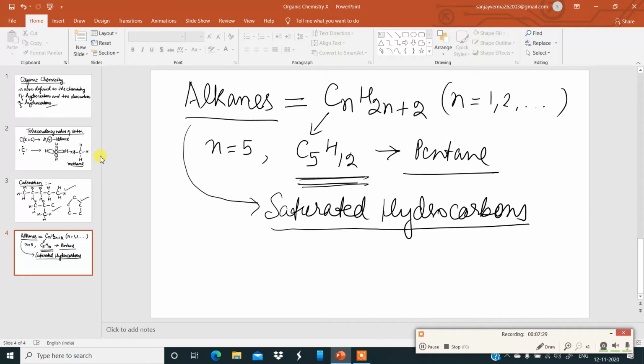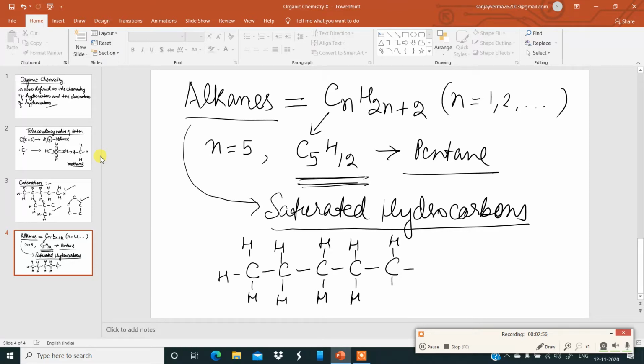So if I draw the structural formula of this pentane, it becomes like this: carbon 1, 2, 3, 4, 5, and the rest of the positions will be occupied by the hydrogen atoms, like this. If you count the number of carbon atoms, there are 5, and there are 12 hydrogen atoms. So this is the structural formula of pentane.